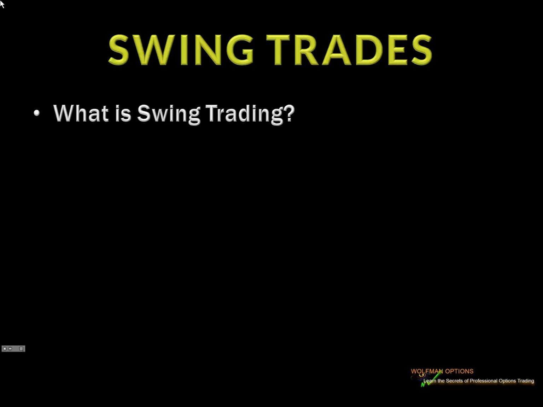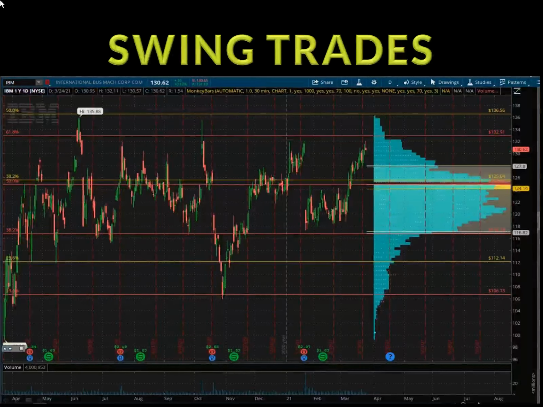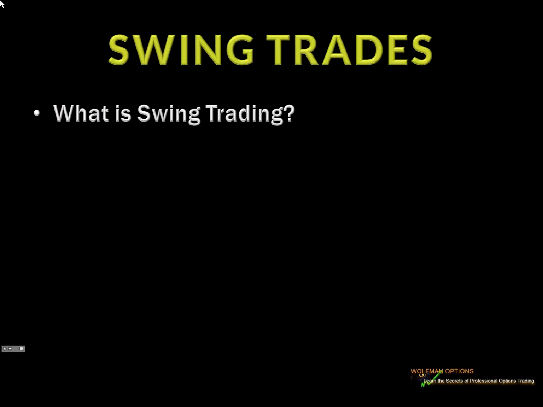A swing trade is basically you're trying to watch an underlying in a trend. So what is a swing trade? Ultimately, a swing trade is when we're looking at an underlying trading like this.